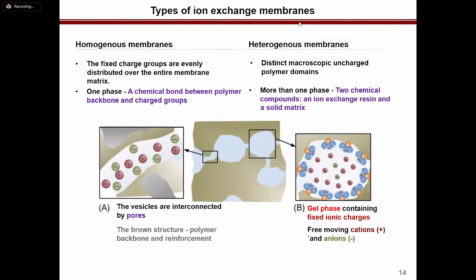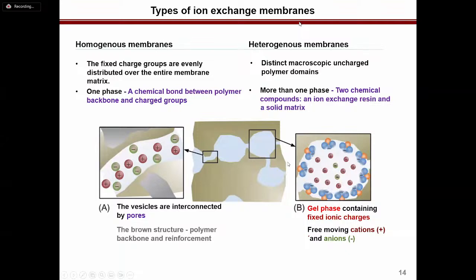So here, what you see is the anticipated structure of the ion exchange membrane, where you have the functional groups and the free moving ions in the channel.